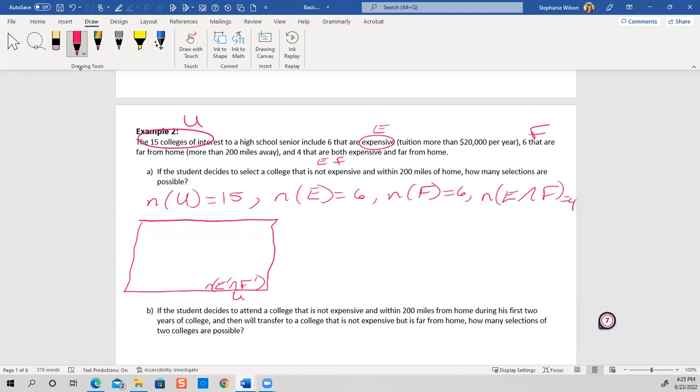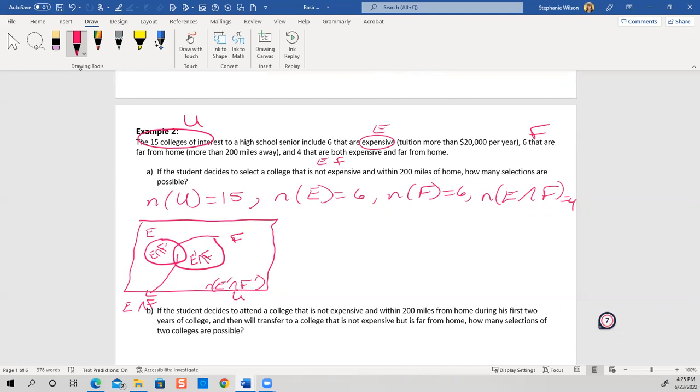E prime is everything but E. I draw a circle called E, and another circle that overlaps it called F. Just the E part is E intersect F prime, which is everything but F. This overlap is where E intersects F, since they both share that part. And this section is E prime, everything but E, and it intersects F.